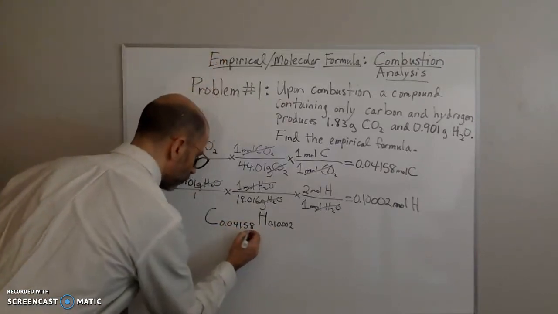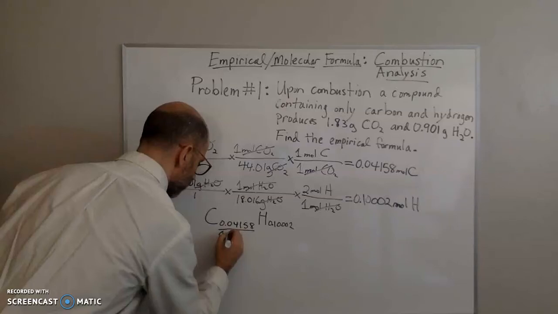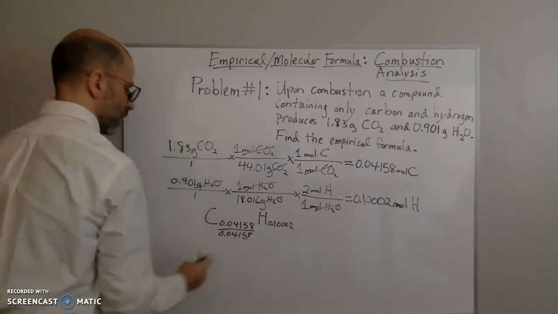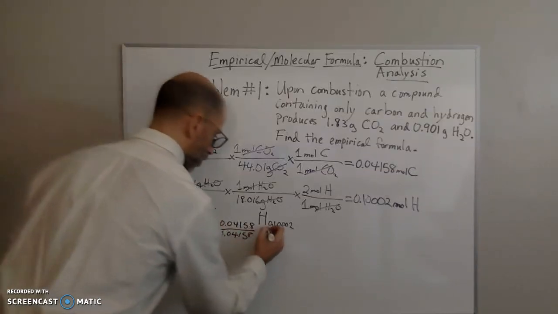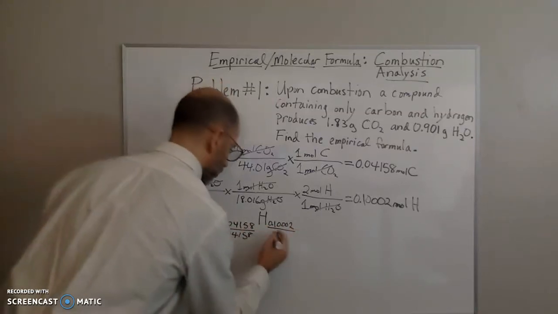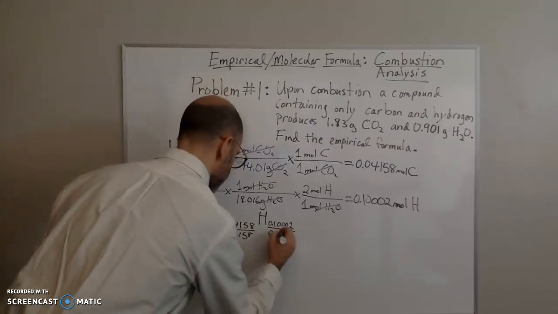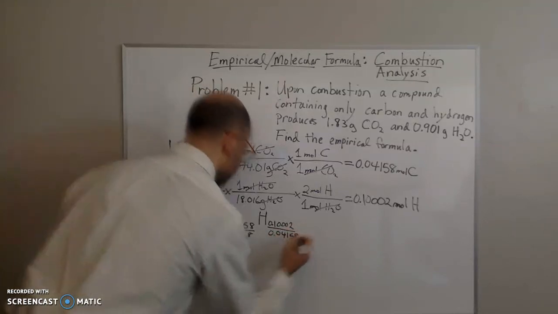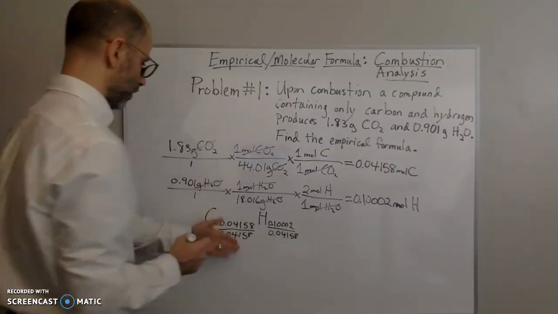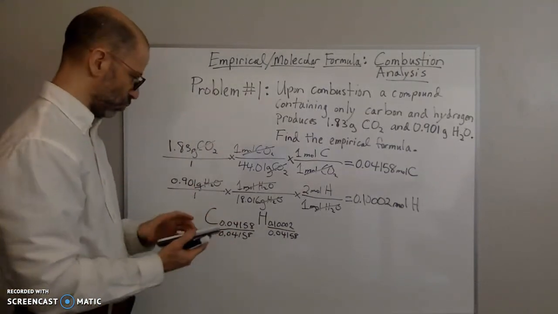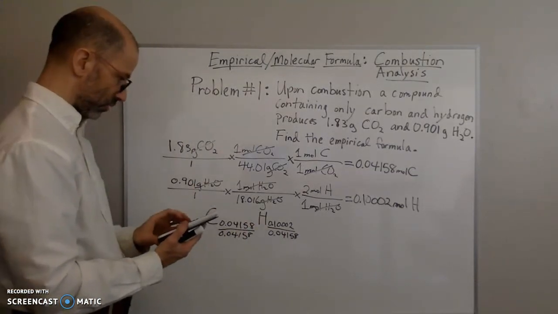So I divide both of these by the smallest number, 0.04158, and that's going to give me a ratio between carbon and hydrogen, 1 to something. The carbon, obviously, is going to be 1.